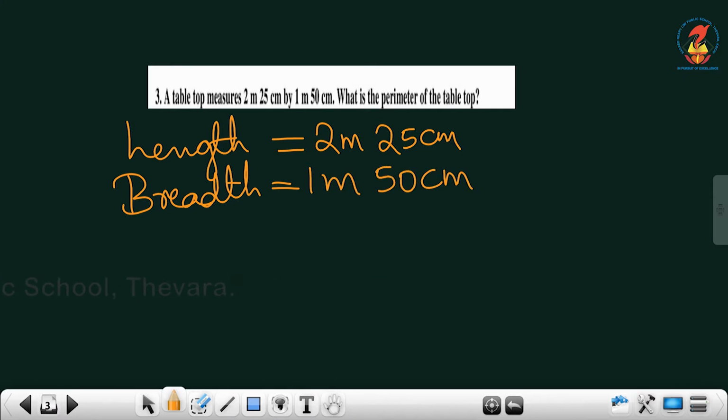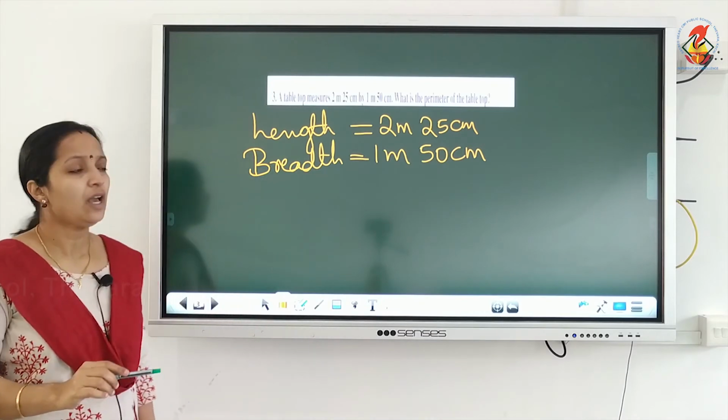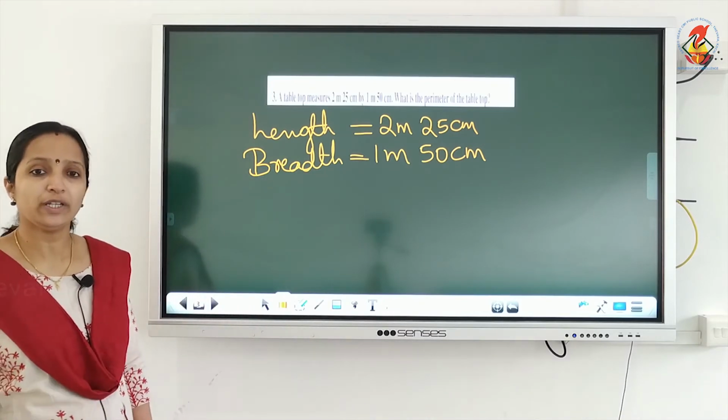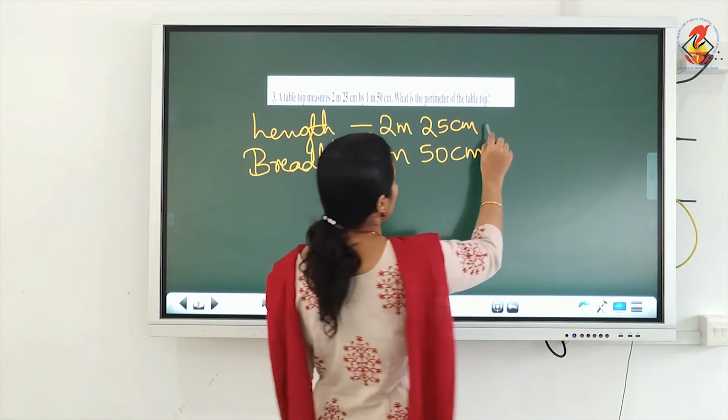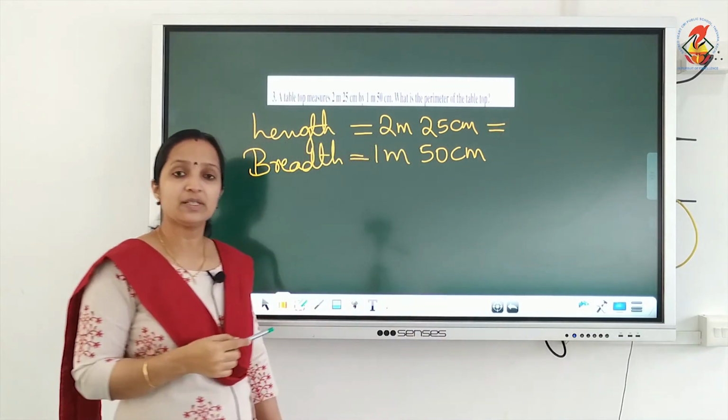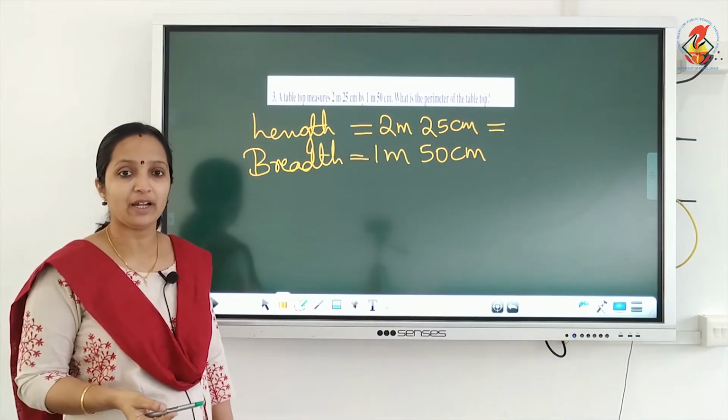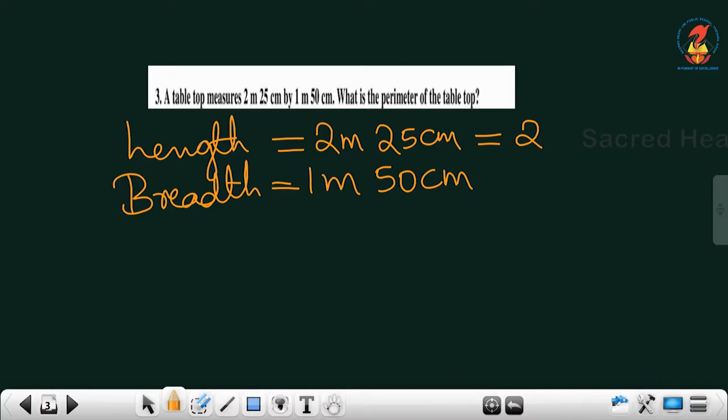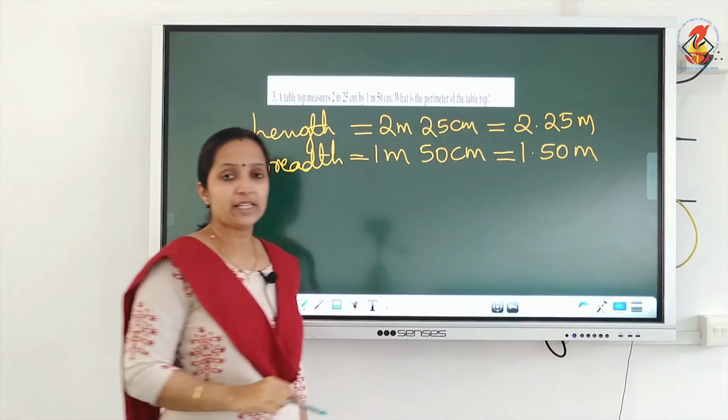Now, listen children, if 2 units are given in the question, always convert them into 1 unit. How will we convert centimeter to meter? You have to divide by 100. So, what you can write here? 2.25 meter. In the same way, 1.50 meter. We already studied the conversions.